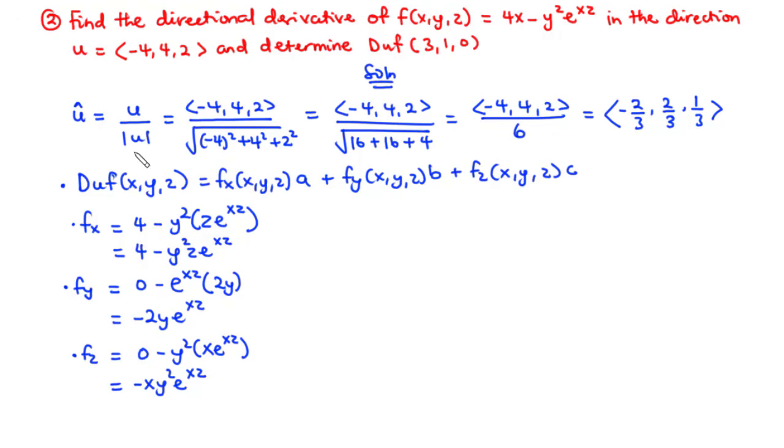Now, using this formula, we are going to input the expressions for fx, fy, and then fz, multiplying each of them by a, b, and c, the components of the unit vector.